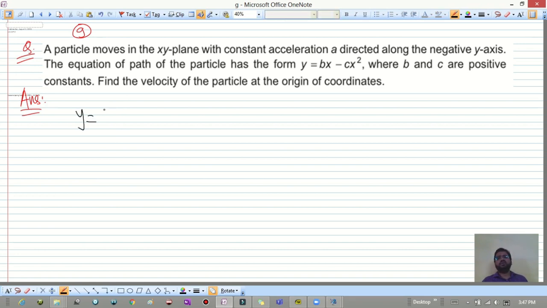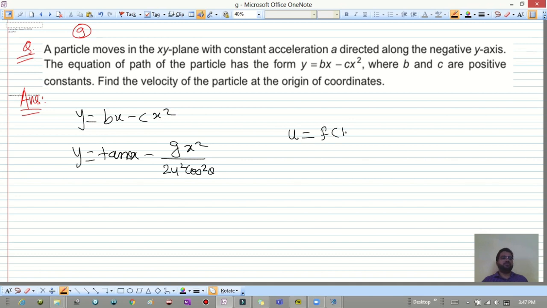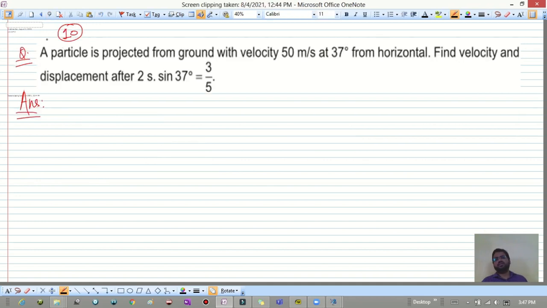So you have to compare y = bx minus cx squared with y = tan theta x minus g x squared divided by 2u squared cos squared theta, rearrange, and calculate the initial velocity in terms of b and c. Initial velocity must be a function of b comma c. Try to solve this, and whatever answer you get, comment in the comment box. I'll try to reply as soon as possible.